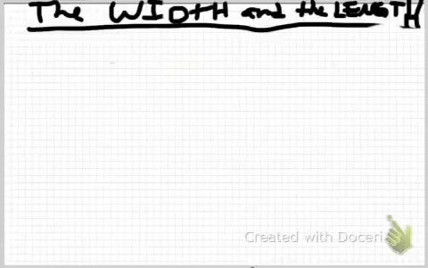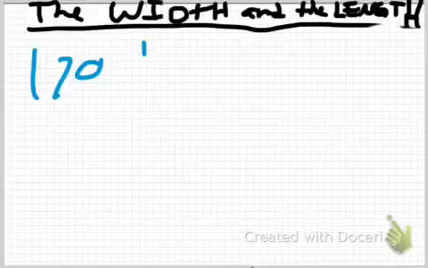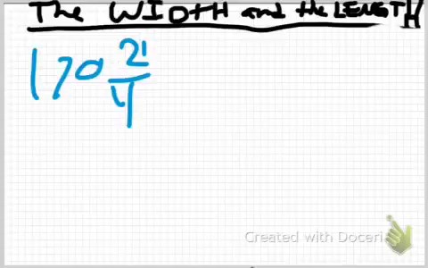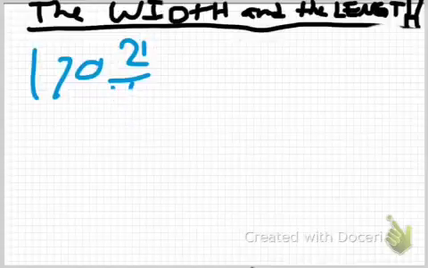The perimeter of the rectangular area she wants to enclose is 170 and 2/4 feet. 4 panels of fencing, each one 7 3/4 feet wide and 2 2/3 feet high, were needed to complete one side. What are the dimensions of the sides of the rectangular area Mrs. Wyman wants to put a fence around?